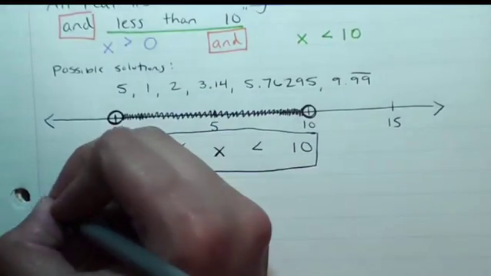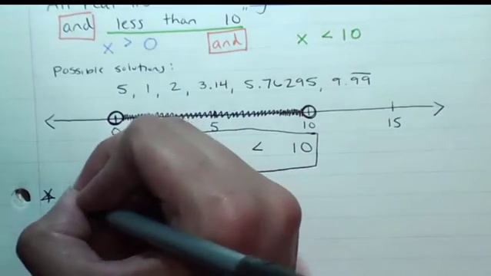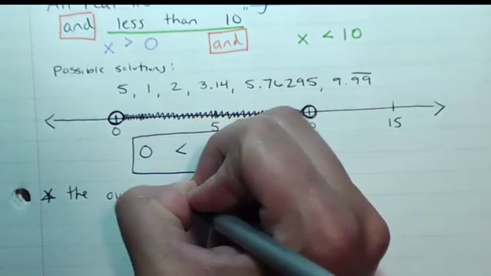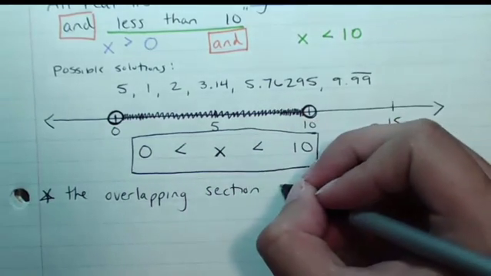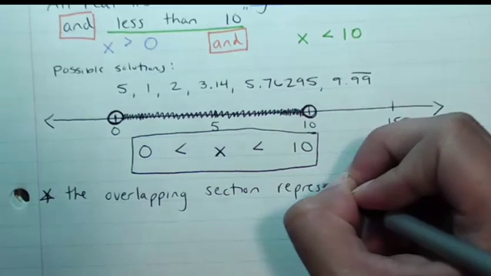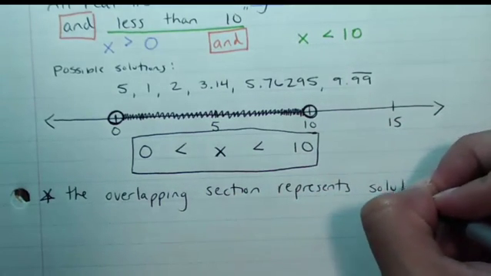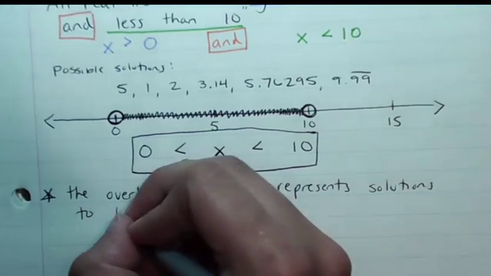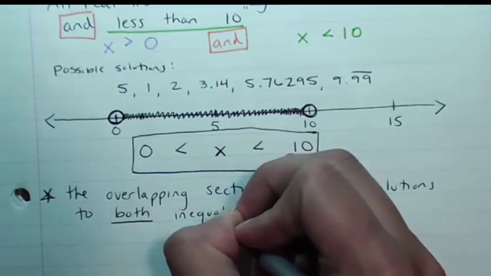So one of the things that we did when we actually wrote this and graphed it is that the overlapping section on the graph represents solutions to both inequalities.